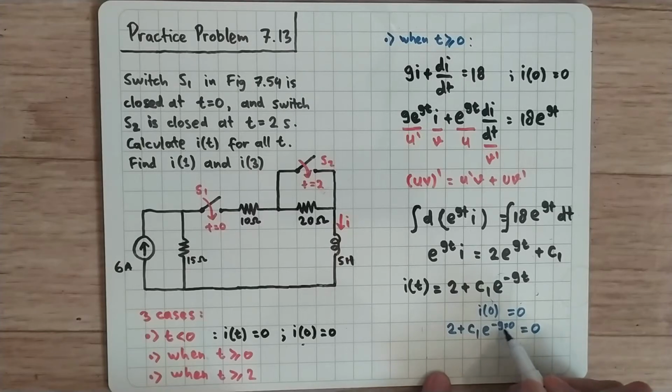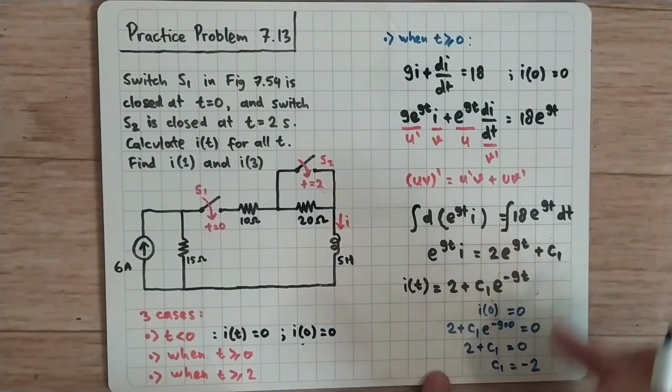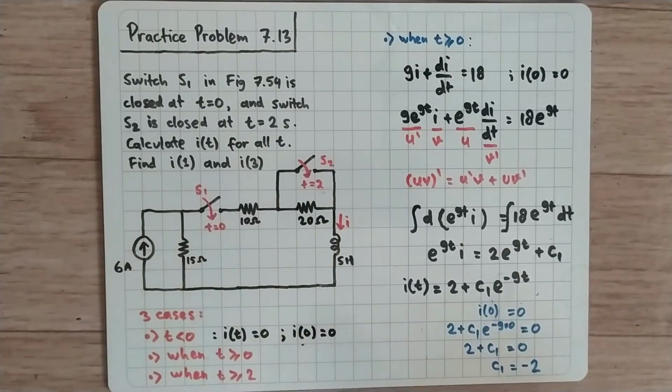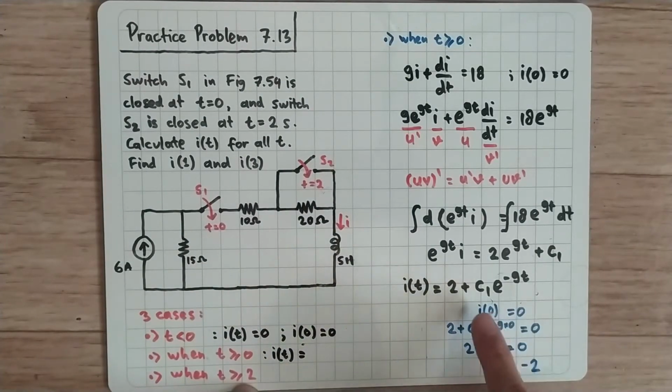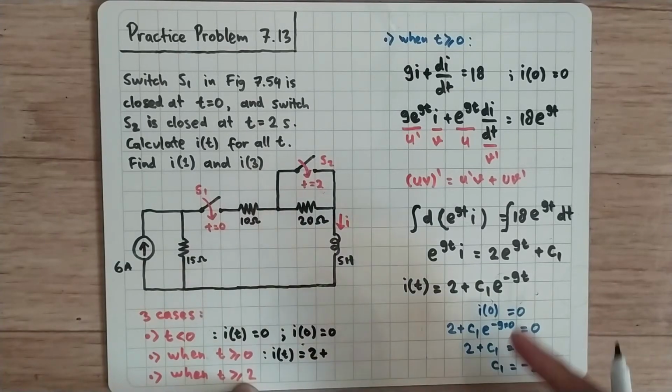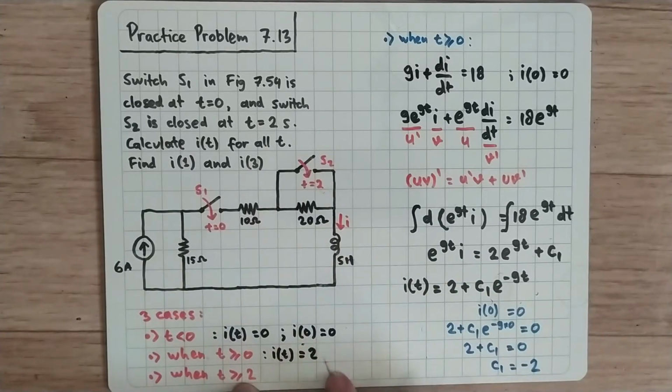So e to the 0 will be 1, so I will have 2 plus c1 is equal to 0, or c1 is equal to minus 2. So we can wrap this up. When t is greater than or equal to 0, it will be this function 2 plus c1 e to the minus 9t. c1 is minus 2, so I can rewrite it as 2 minus 2 e to the minus 9t.